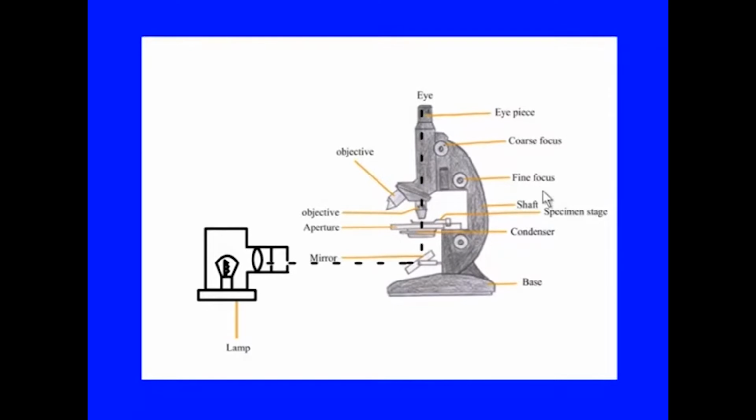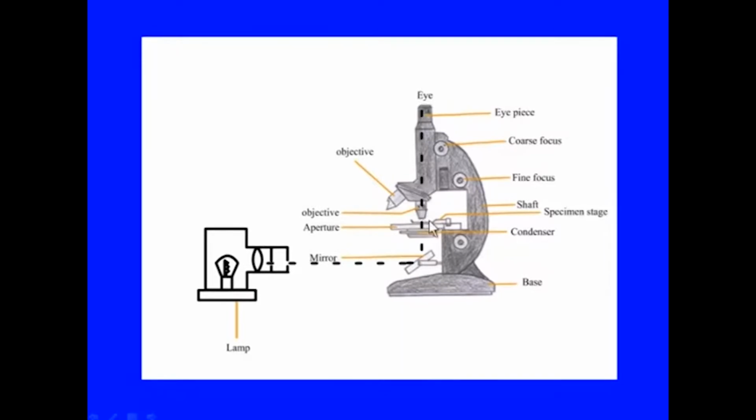The object which is illuminated here, at the specimen stage, is illuminated by the light from the condenser, and the light from the specimen will pass on to the objective lens. Now, there will be two kinds of light here, one which is not altered by the specimen, and another which will be altered by the specimen.